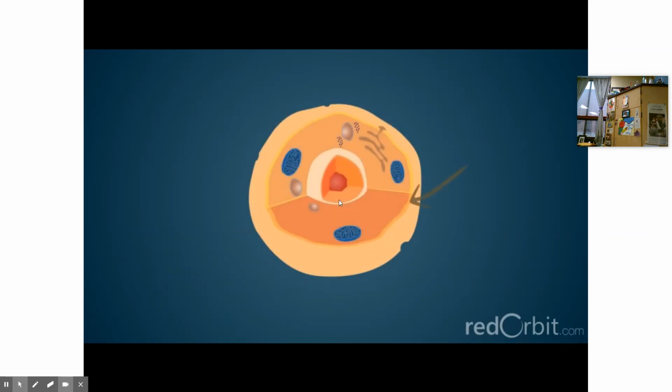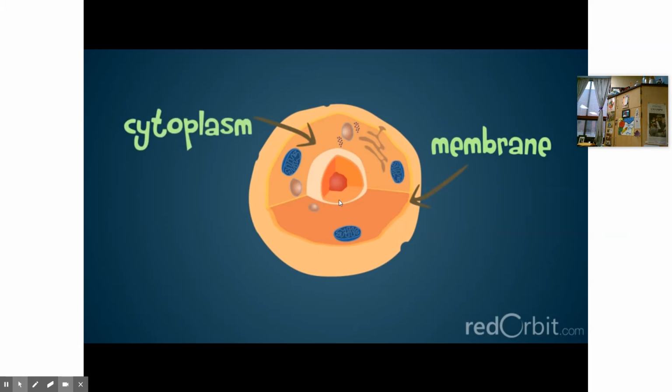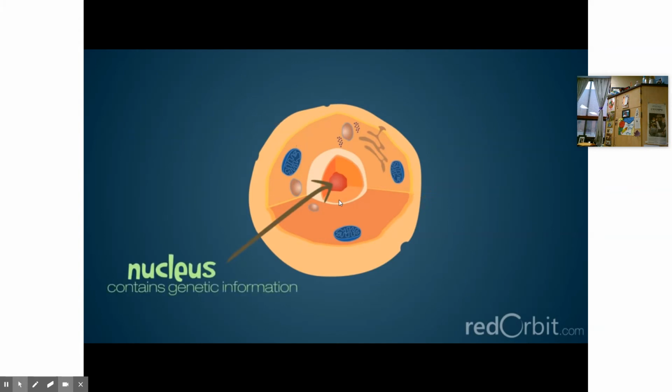All human cells have an outer border that's the boundary of the cell, called the cell membrane. A liquid material called cytoplasm is inside the cell membrane, and there's a large structure suspended in the cytoplasm called the nucleus. The nucleus is the part of a cell that contains the genetic information. It is surrounded by a nuclear membrane that, like the cell membrane, makes a boundary around the nucleus.